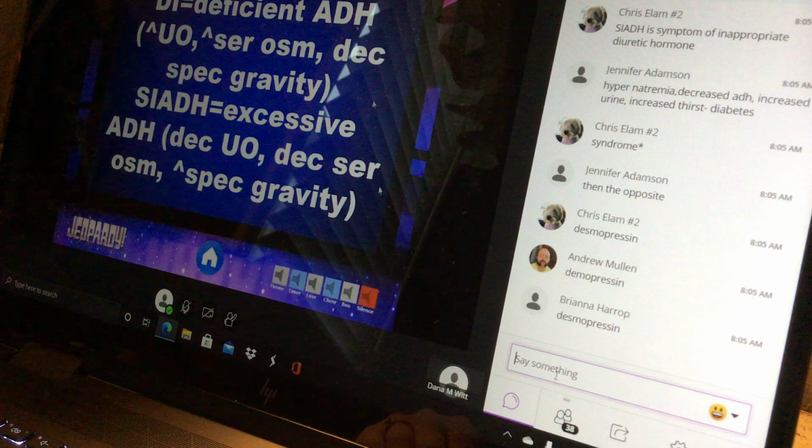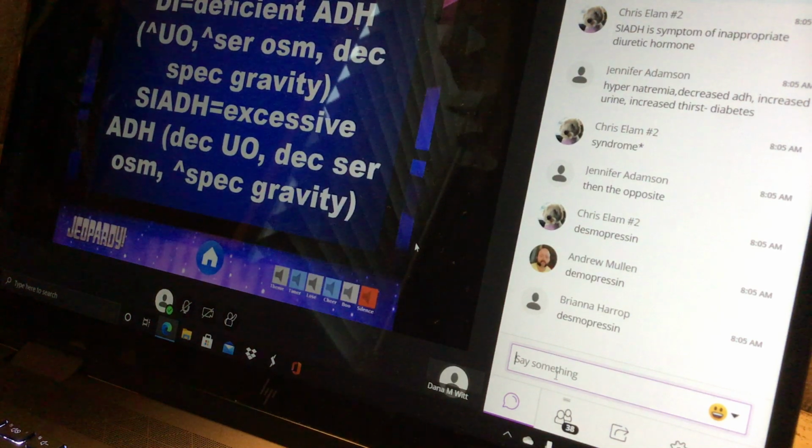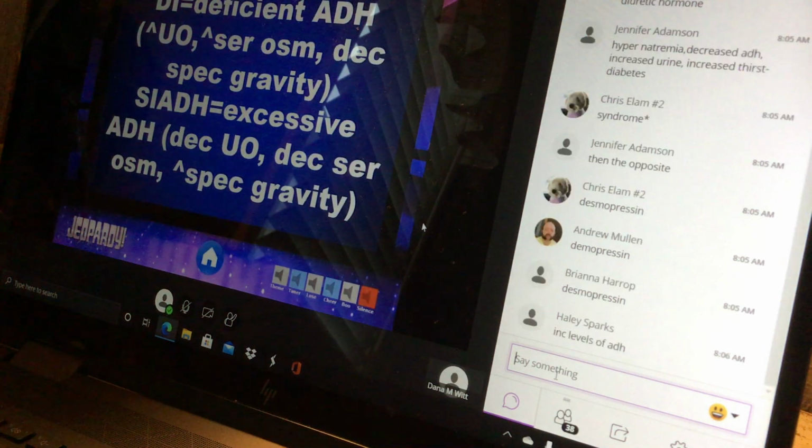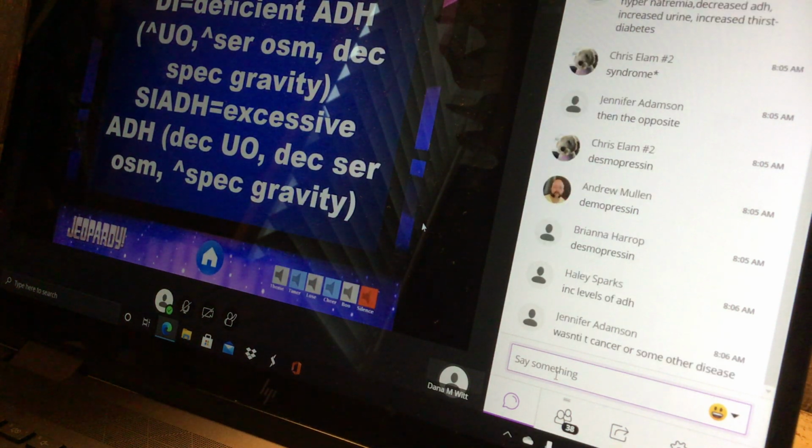And SIADH, what's SIADH caused from? What causes SIADH a lot of times? Yep. But what other medical diagnosis? Yep, it's usually some type of lung cancer like small cell. That's right. Good.